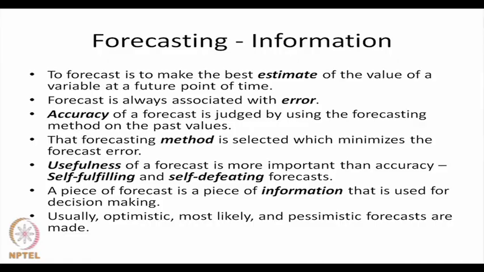Now, it must also be remembered that the usefulness of a forecast is more important than accuracy. The reason is this: if we know that a situation in the future is going to be very bad, and somebody makes a forecast, we take preemptive actions to prevent the occurrence of such an event.